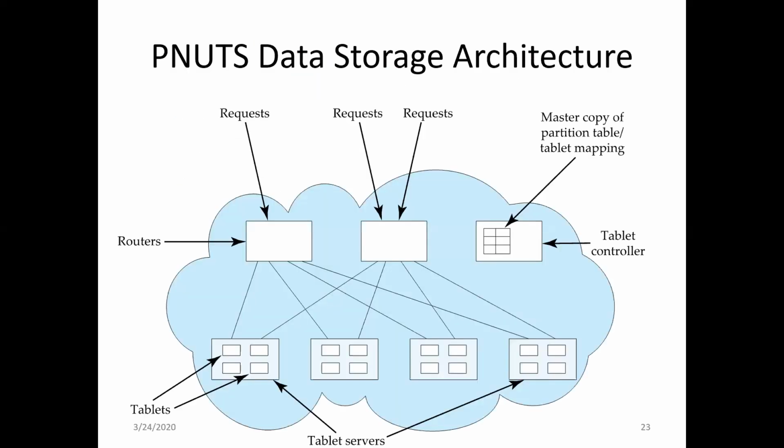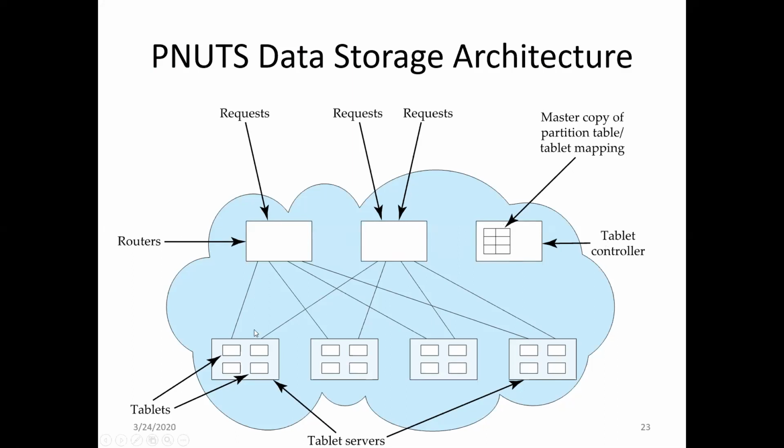So when you take PNUTS as the data storage architecture, the architecture is something like this. You have routers. The request comes from the client from various places. The router handles the request. There is a master copy partition table mapping, which is called the tablet controller.